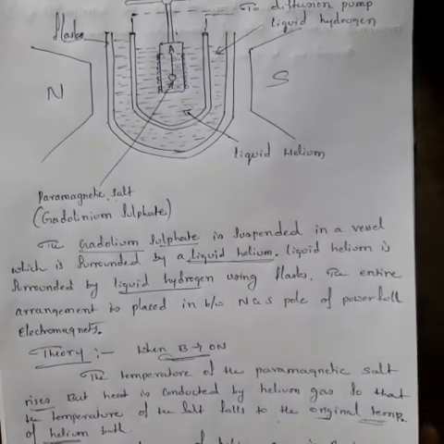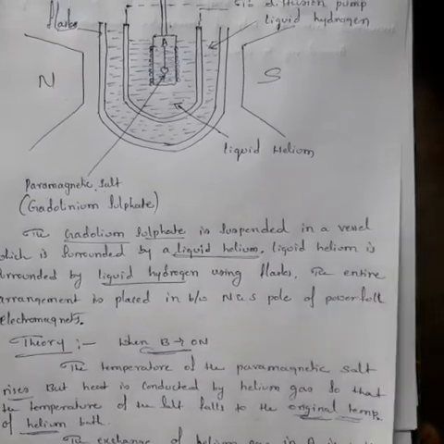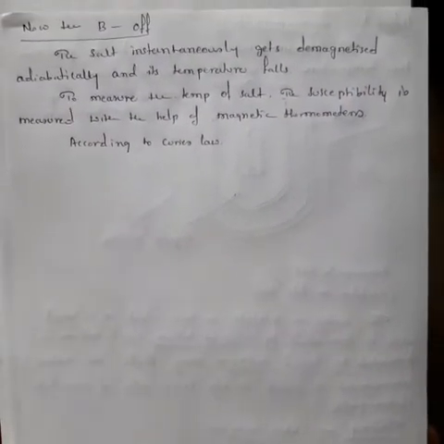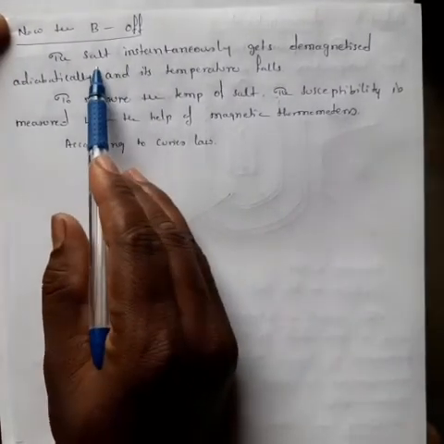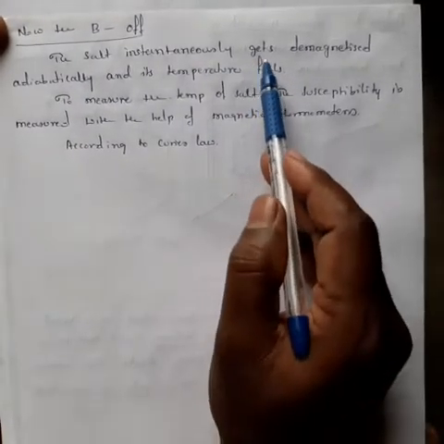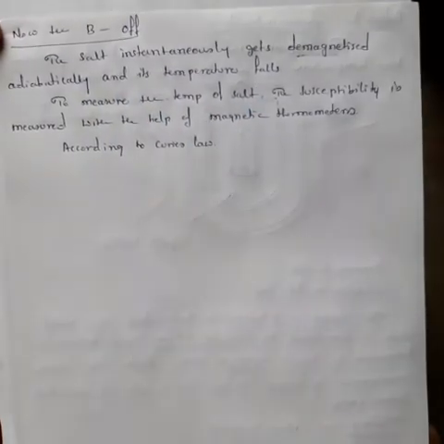Now we have to produce a temperature lower than the original temperature. Therefore, if we switch off the magnetic field, the salt instantaneously gets demagnetized adiabatically, and the temperature falls below the original temperature.